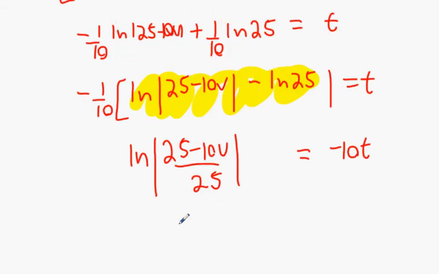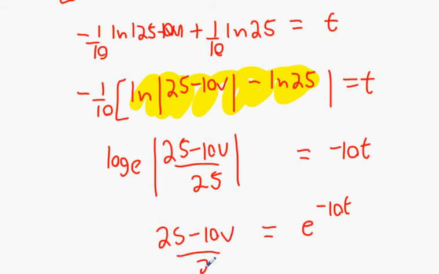Remember to fix the ln. Bring the e over to your side. ln is essentially log base e. So it's going to be e to the power of minus 10t equals 25 minus 10v over 25.